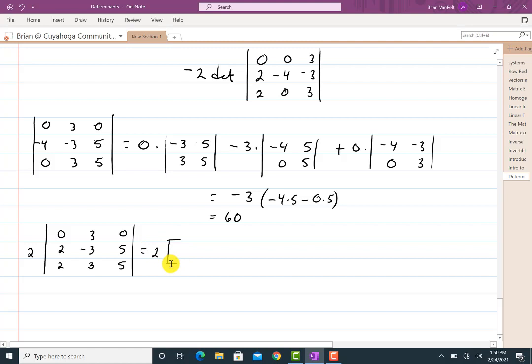So this will be 2 times a bunch of stuff. Once again, I'll start with this 0, cross out its row and column. And what will that leave? -3, 5, 3, 5.